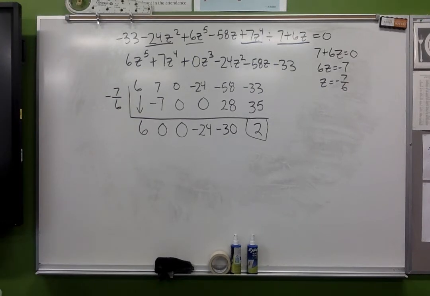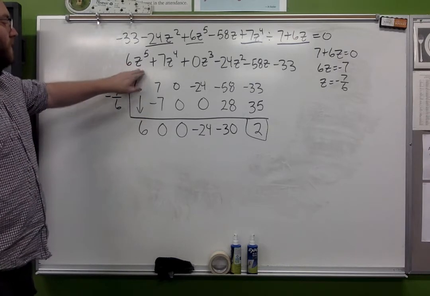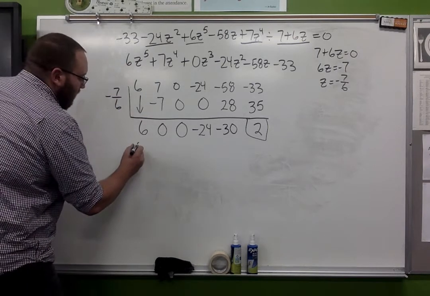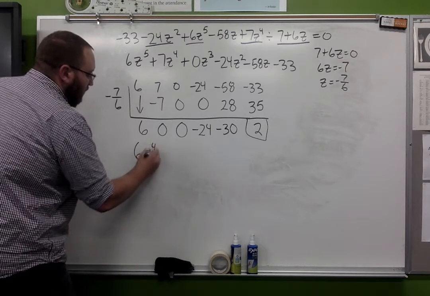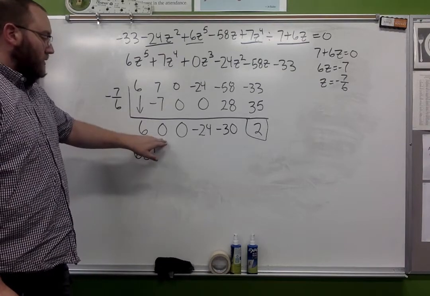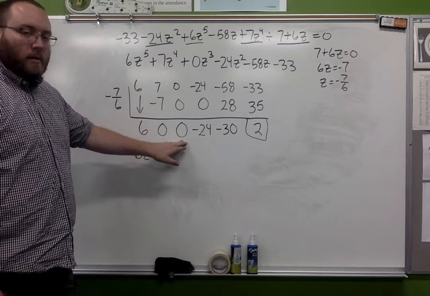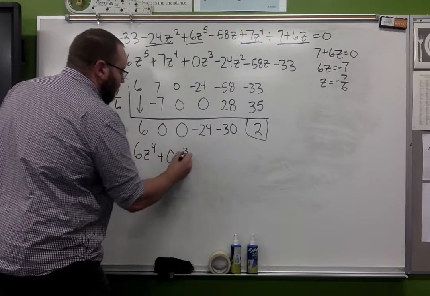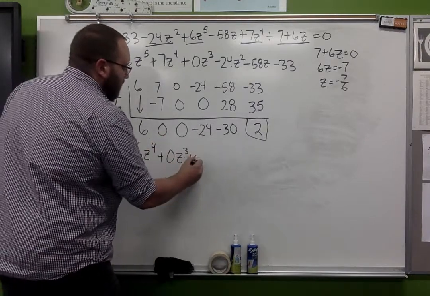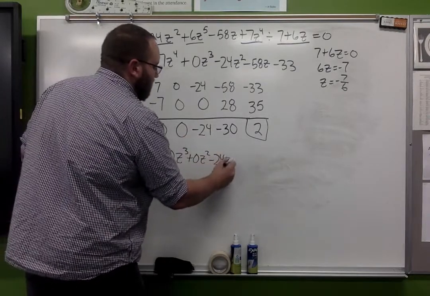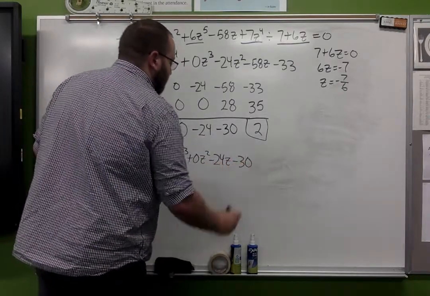Okay. Now remember, we started with z to the 5th, so now we should have z to the 4th in our answer. So 6z to the 4th. Now this is 0z to the 3rd, so we don't need to put it in our answer. 0z squared, actually I'm going to write it just so you don't get confused. 0z to the 3rd, 0z squared, minus 24z minus 30.